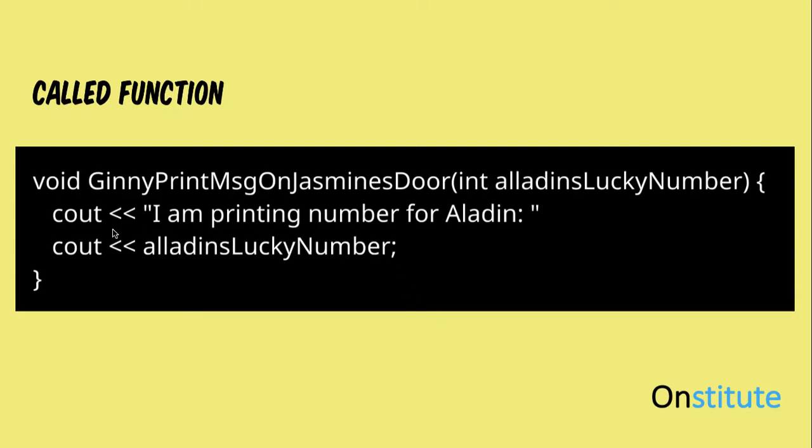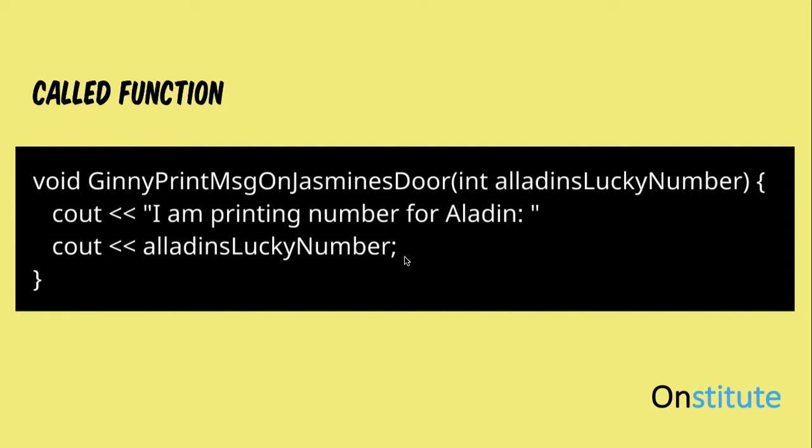And inside this called function, Genie first prints a nice message that, all right, I am printing this number on behalf of Aladdin. And after that, he prints out, that is cout, Aladdin's lucky number on Jasmine's door, that is on the output screen. So that is the broad overview of the caller and called function.